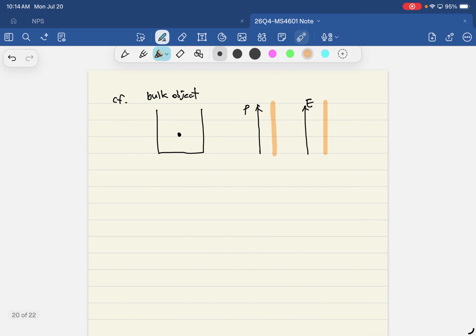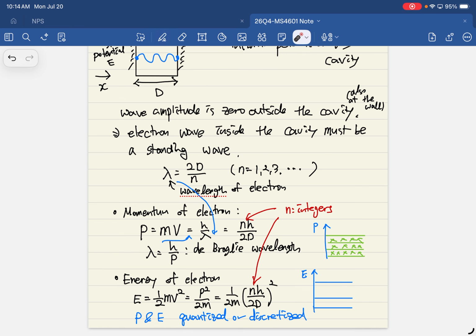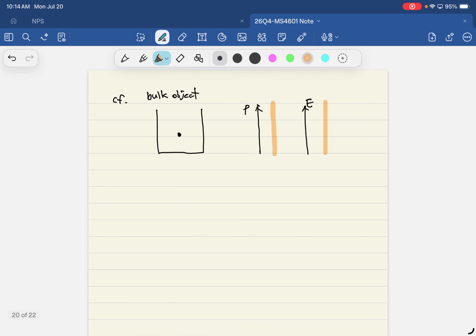If you look at this expression, we can find the answer. For example, look at nh over 2d and 1 over 2m times nh over 2d, squared. For a bulk object, typically this d, the cavity width, is large.